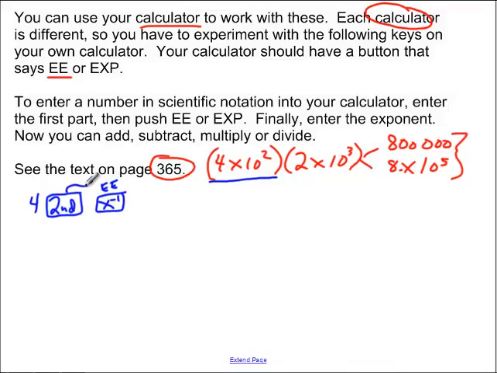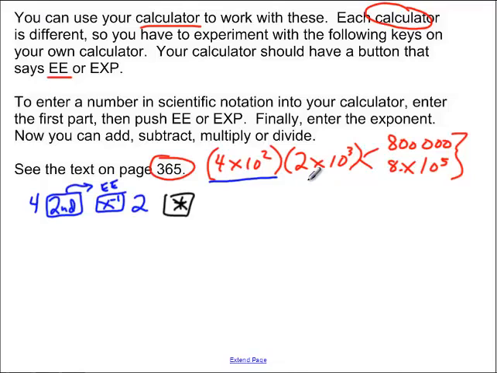So that second button gets me to the EE. So I've got 4 times 10 to the, and I push 2 to get 4 times 10 to the squared power. And now I push the multiplication key.